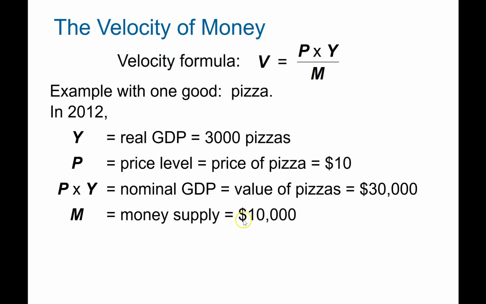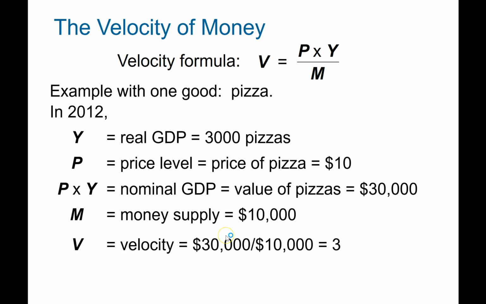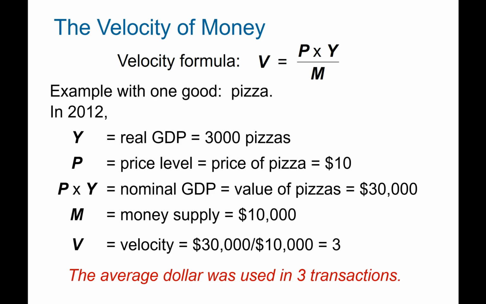If the money supply is, and we're just picking numbers here to make the formula work, $10,000, then the velocity of money, using our formula, can be calculated as 3. If we plug in those values and solve for the velocity of money, we can see that the velocity is 3. What this means is that the average dollar was used in 3 transactions. So it changed hands 3 times.